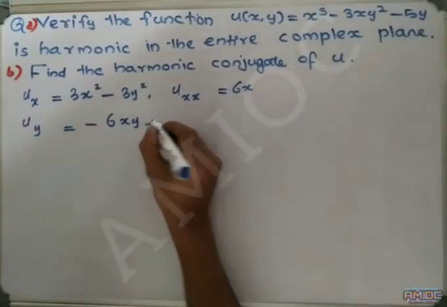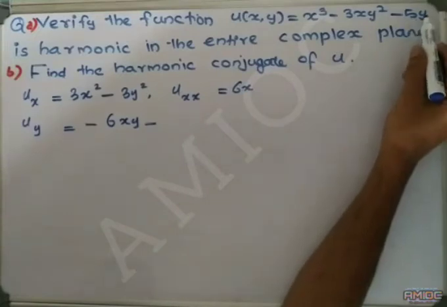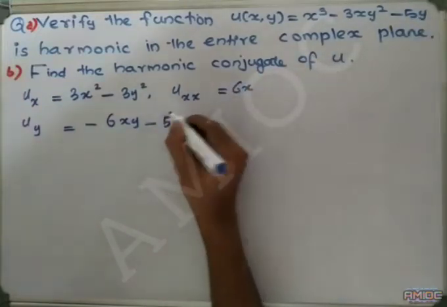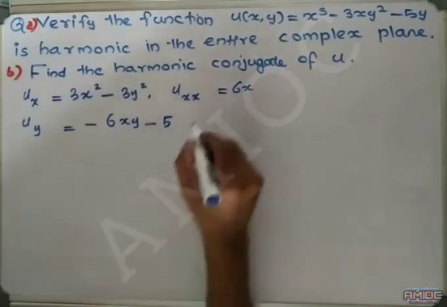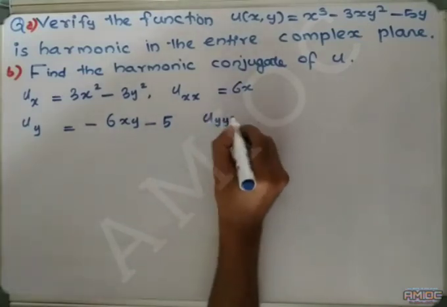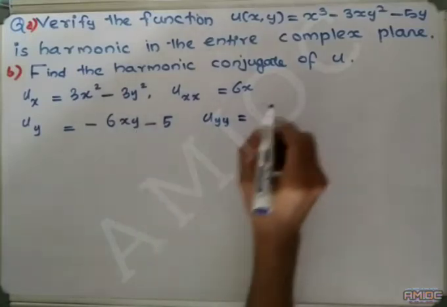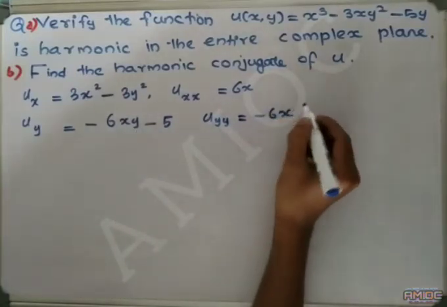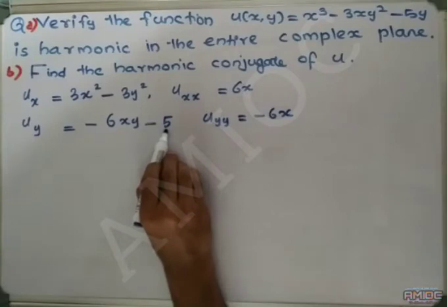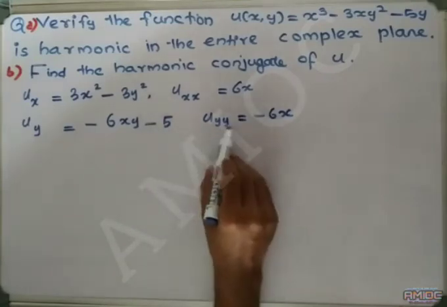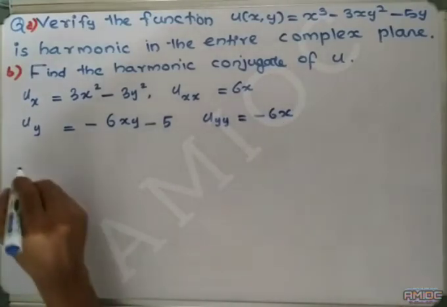Minus the derivative of 5y, which is 5. Now again differentiating with respect to y, the derivative of minus 6xy is minus 6x and the derivative of 5 is 0, therefore uyy equals minus 6x.